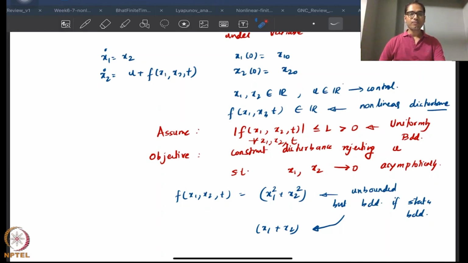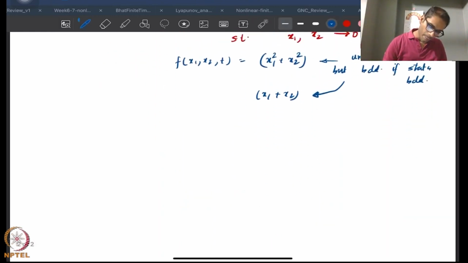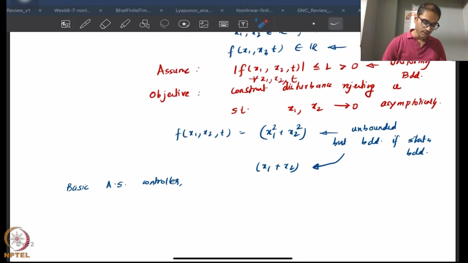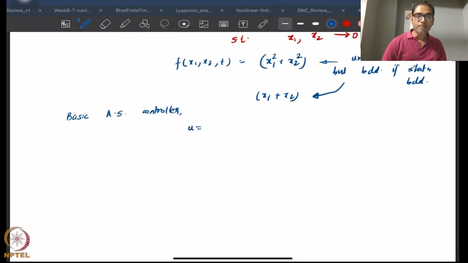If you look at a more basic asymptotically stabilizing controller, these controls, as we have been studying until now, will typically ignore these disturbances, and so your control will typically be designed as u equals minus k1 x1 minus k2 x2, for some positive gains k1, k2.